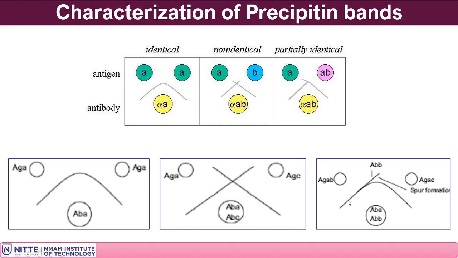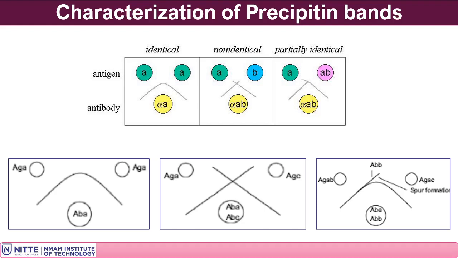Therefore, that precipitation line has formed a spur which is extending out. There is no equal diffusion force on the other side, therefore it has not bent. So it has formed a spur. And that spur formation indicates that that antigen is different from the one which has formed the line of identity, and therefore it has remained separate as a precipitation line.